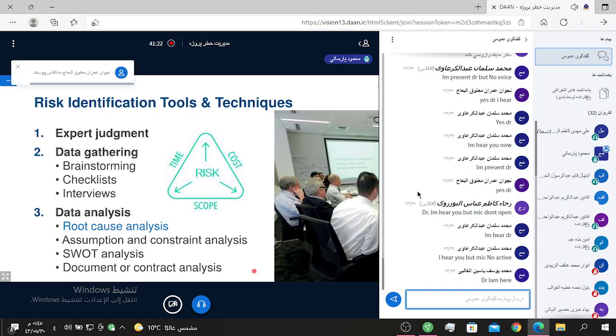Assumption and constraint analysis about the causes of the risk, and SWOT analysis, strengths, weaknesses, opportunities and threats. And the last one about data analysis is document and contract analysis in our project.